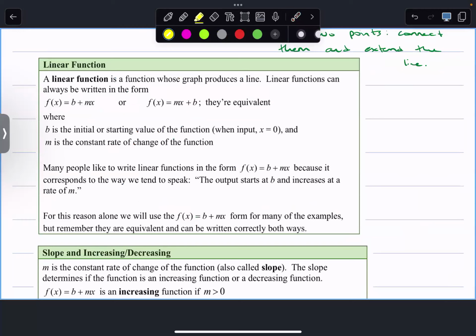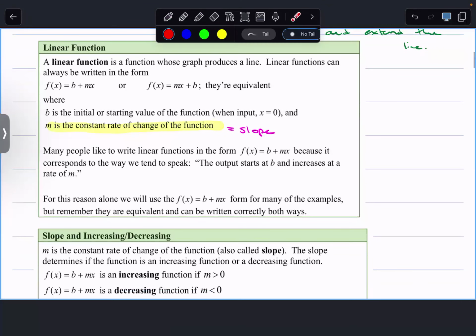So here, this is the slope. We've already talked about the rate of change, finding the average rate of change of a function. We've already seen and worked with the rate of change, but it is the slope.